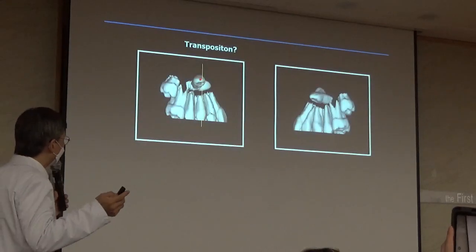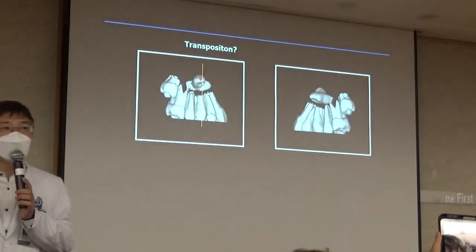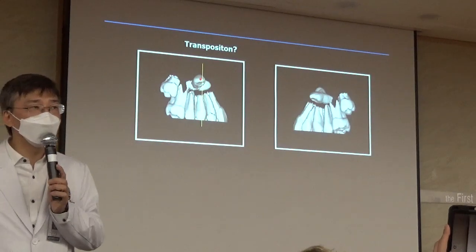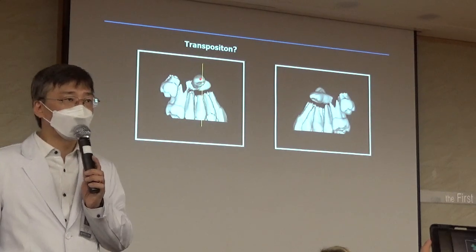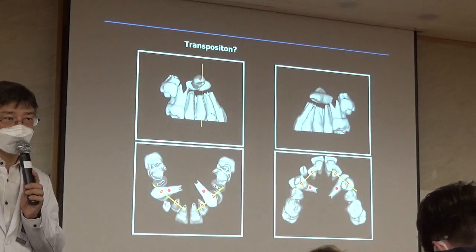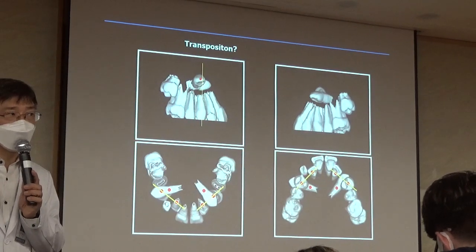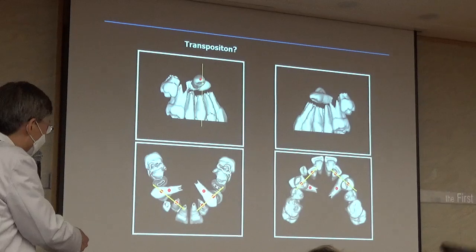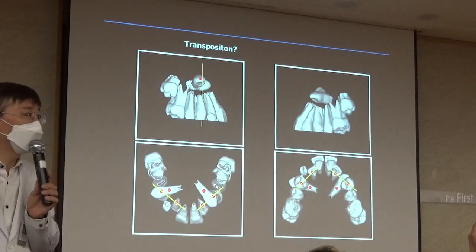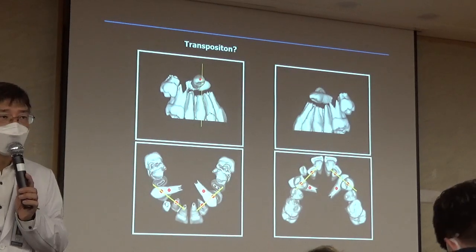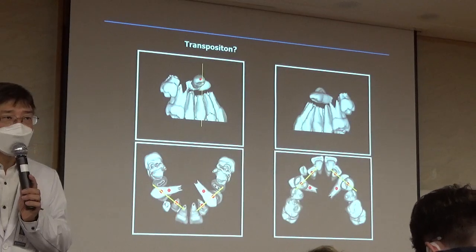Yes. By doing what? By doing this kind of analysis. Center of resistance perspective analysis. That's terrible. But try to localize the center of resistance. Are they transposed or not? Not really.